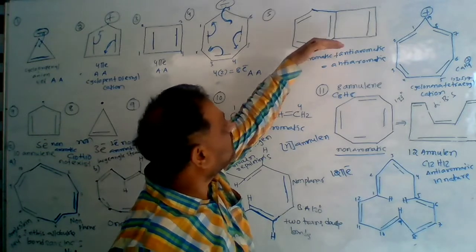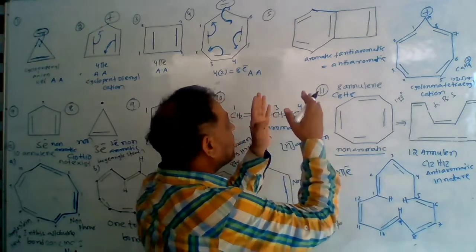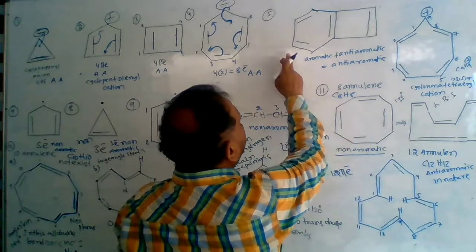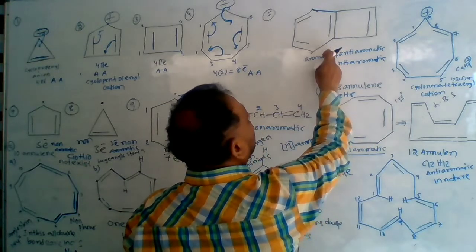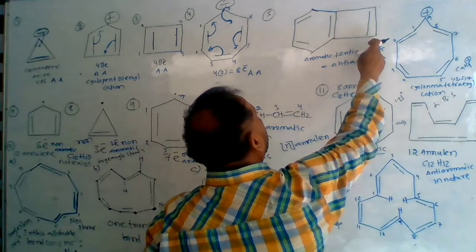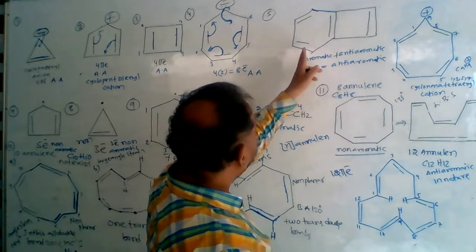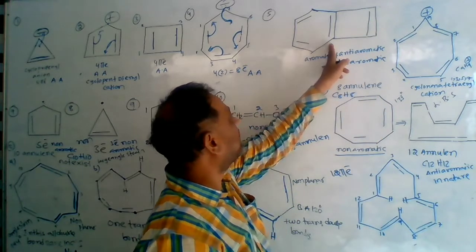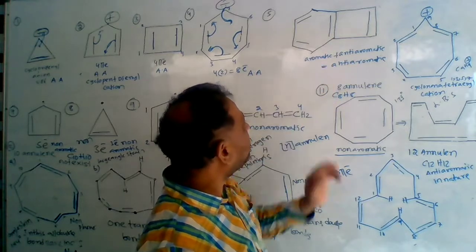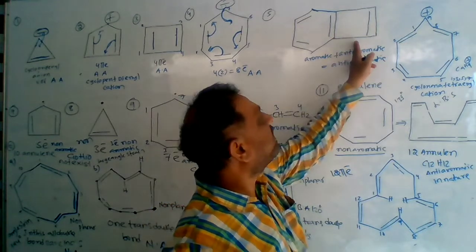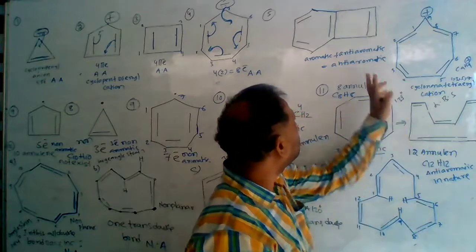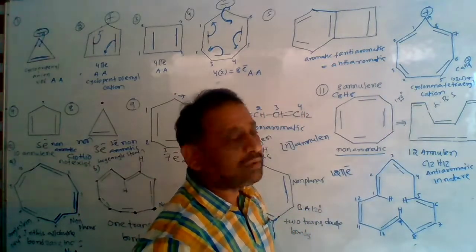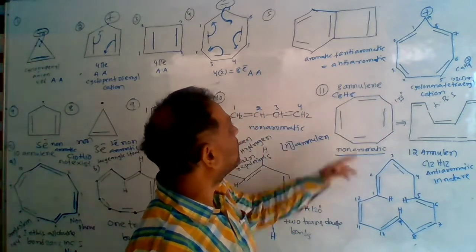The fifth example is a fused system. It consists of 2 rings. The first ring has 6 pi electrons, but the second ring has 4 pi electrons. Due to the delocalization of 6 pi electrons, the first ring has aromatic nature, but the second ring has a 4 pi electron system, so it is anti-aromatic in nature.